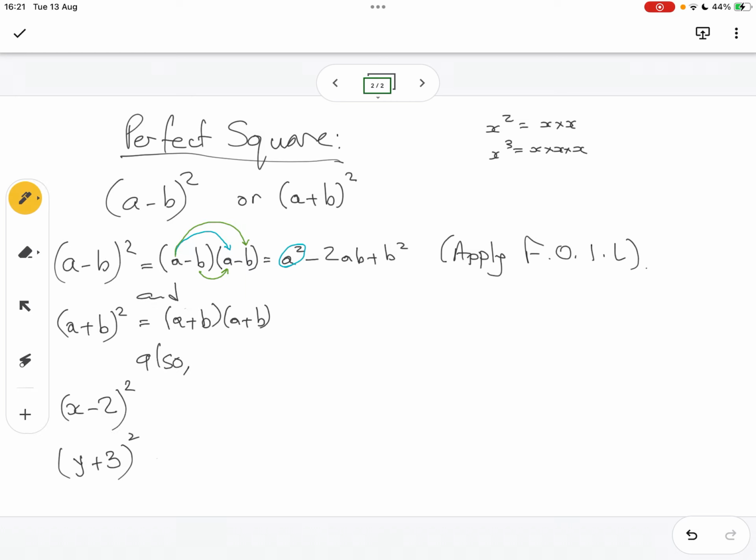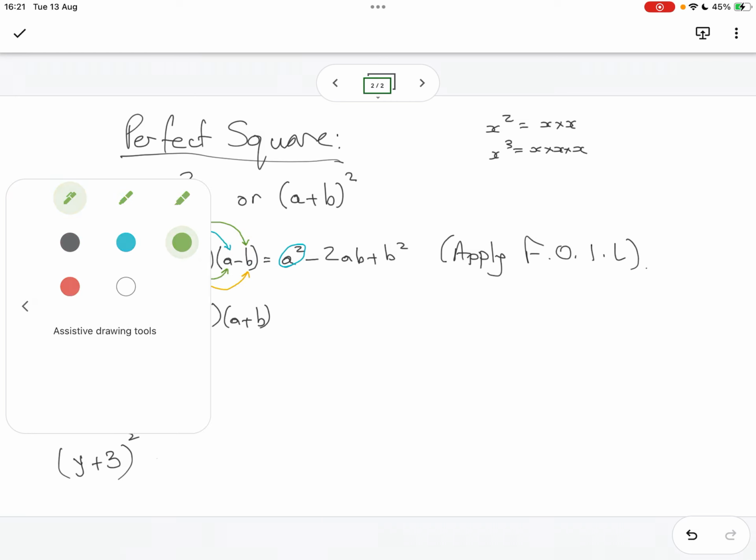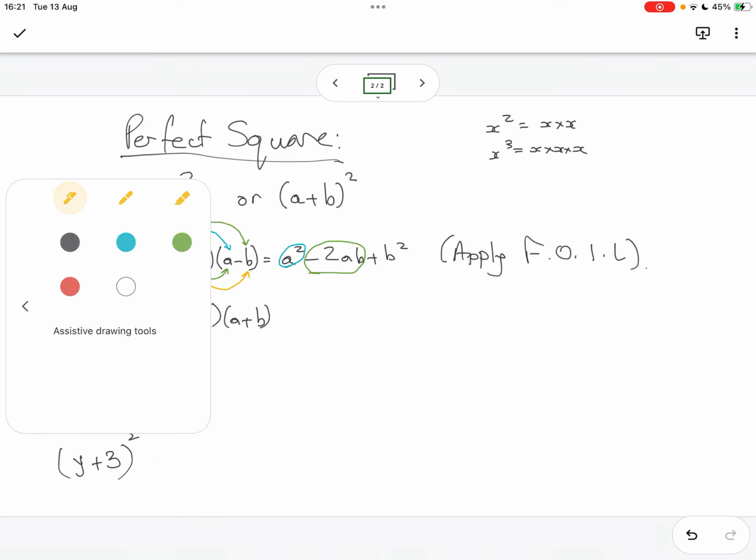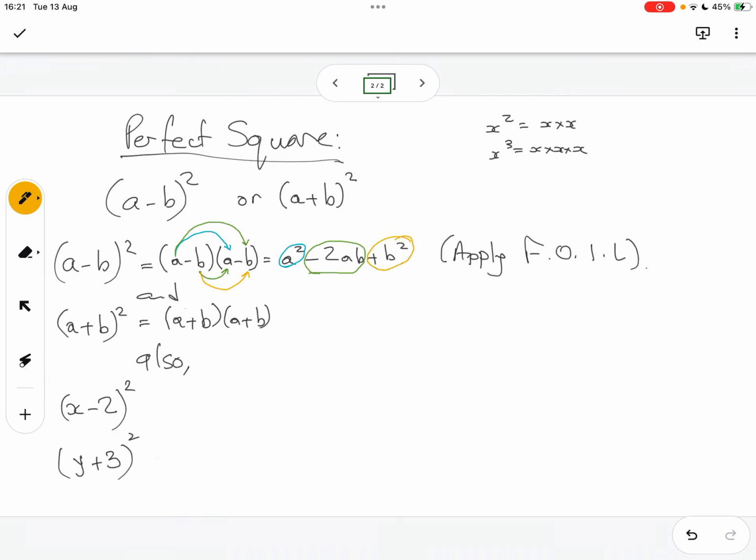Let me use one color for those two. And then this one would multiply like that. I'm using these colors so that you can see which term comes from where.